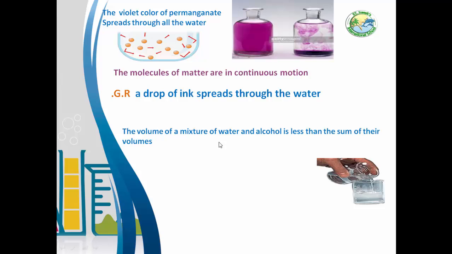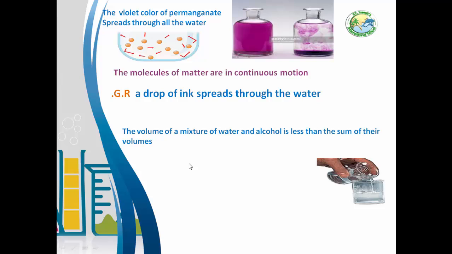We will see that the volume of the mixture of water and alcohol is less than 500. It's less than the sum of their volumes. Why? There are spaces between the water molecules.